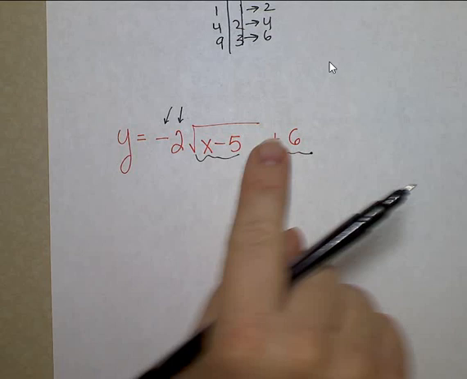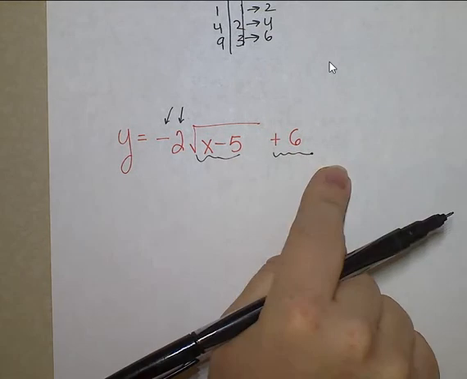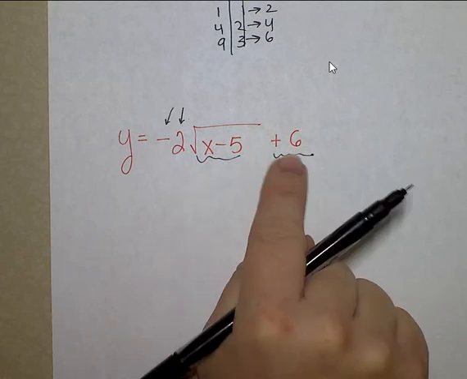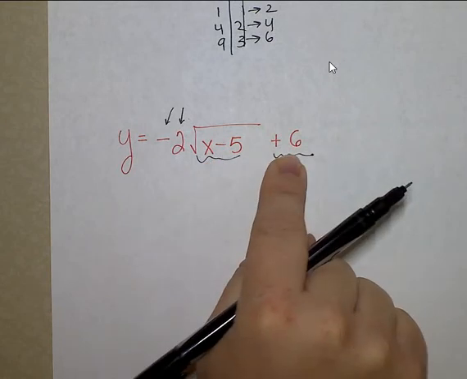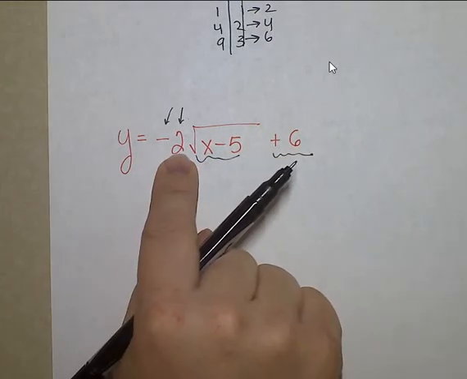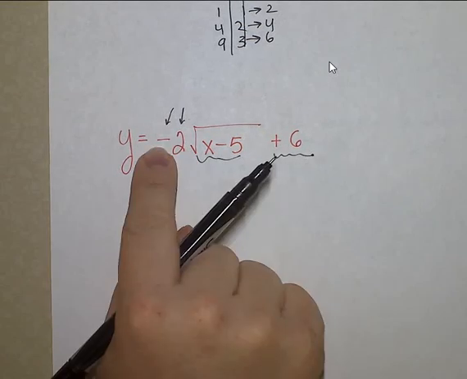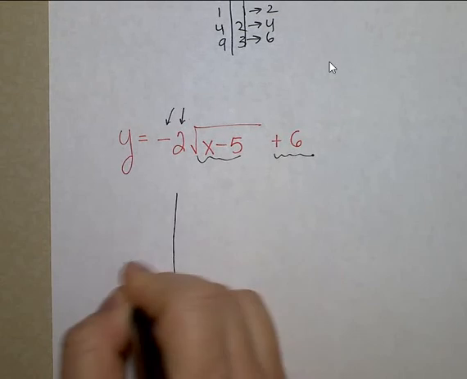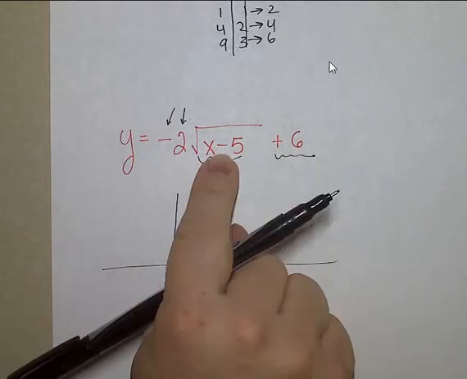So, the order you write your facts in doesn't matter. Horizontally shift to the right 5, vertically shift up 6, vertically stretch by a factor of 2, and reflect, or you could say flip, across the x-axis. Let's do a quick sketch. Let's go right 5, up 6.